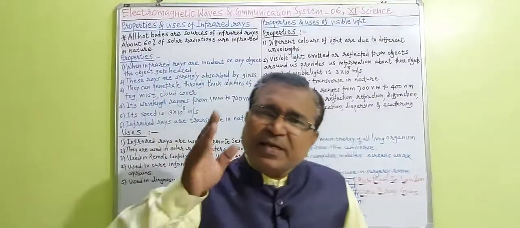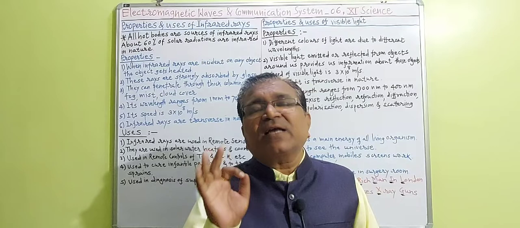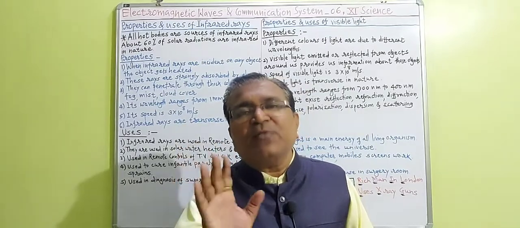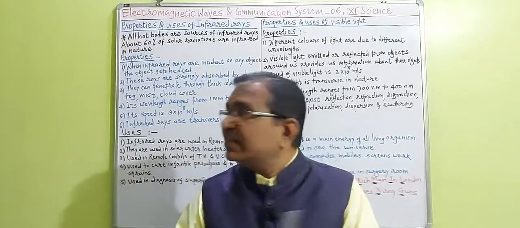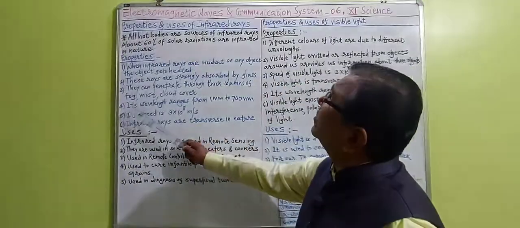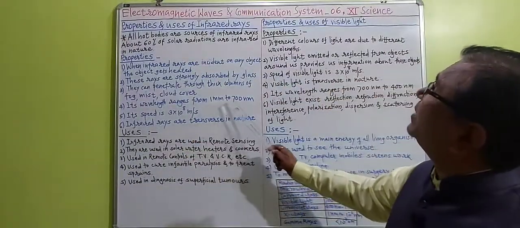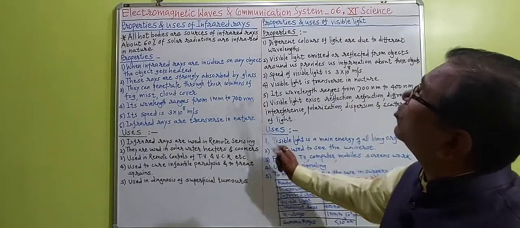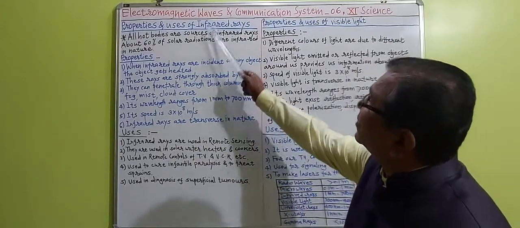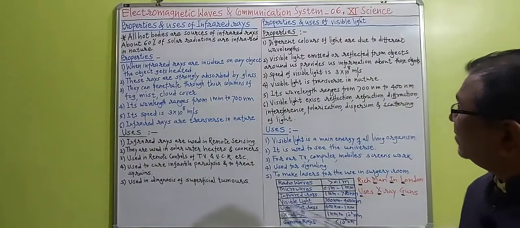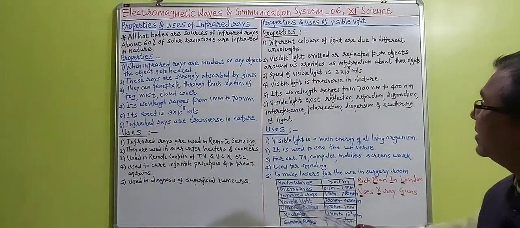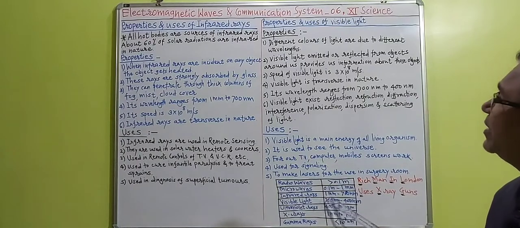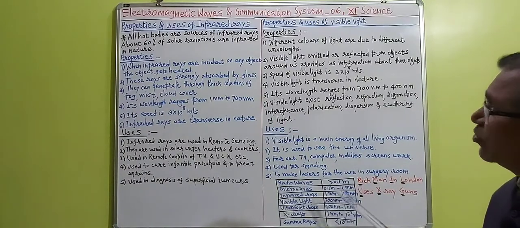So by making use of this table, we can write the property of electromagnetic waves in terms of range of the wavelength. I have written here its wavelength ranges from 1 millimeter to 700 nanometer. That is the wavelength range of infrared rays.